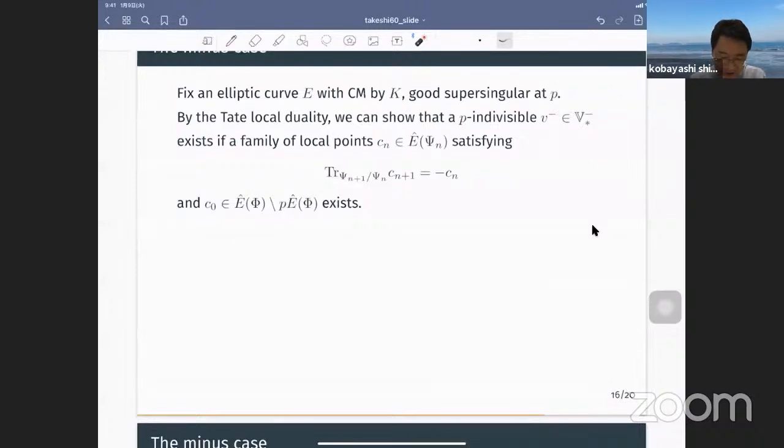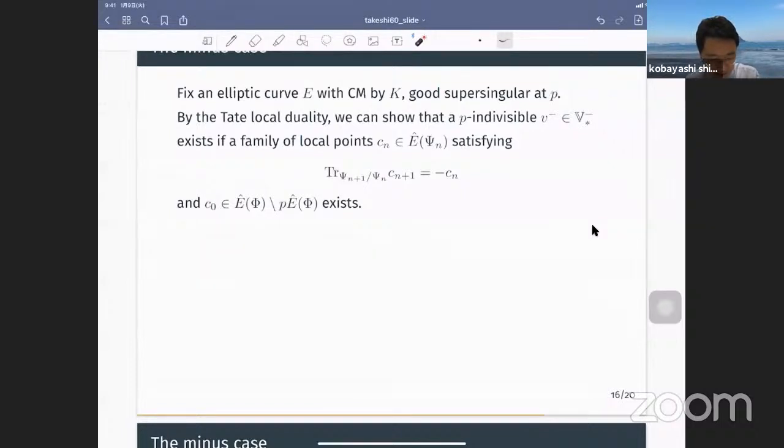And by local duality, we can show that the p-indivisibility for V minus is equivalent to the existence of a family of local points satisfying such a relation. And the bottom layer is p-indivisible.